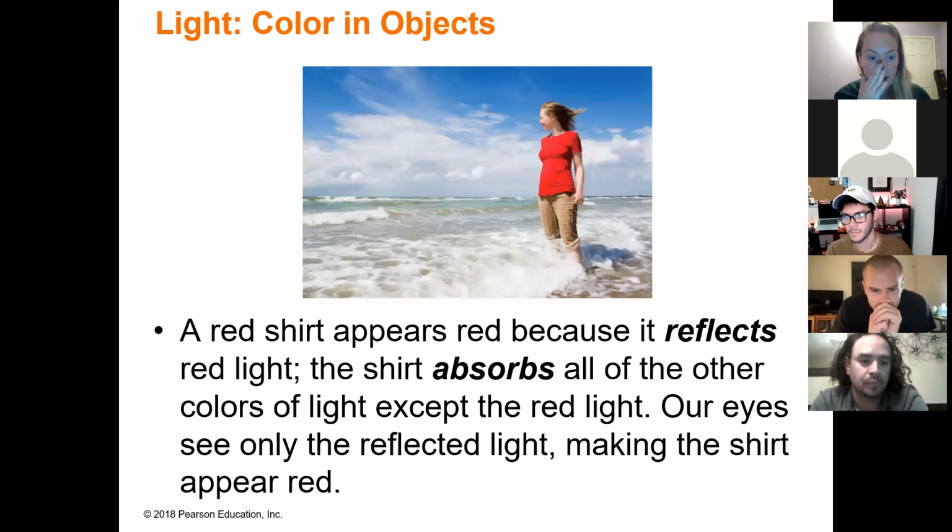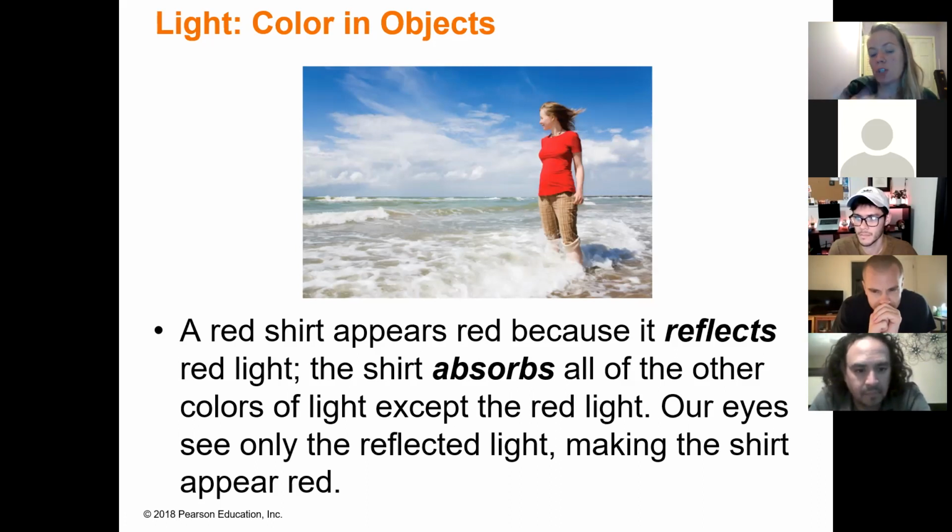Here's a random slide. So when you see a red shirt, like we look at this woman's shirt and it's red, what you're actually seeing is the red light reflecting off of her shirt. So the chemical composition of her shirt is absorbing every color in the light spectrum except for red. So it's almost like the innateness of the shirt is actually everything but red, right? The red is reflecting off of it and bouncing into your eye.